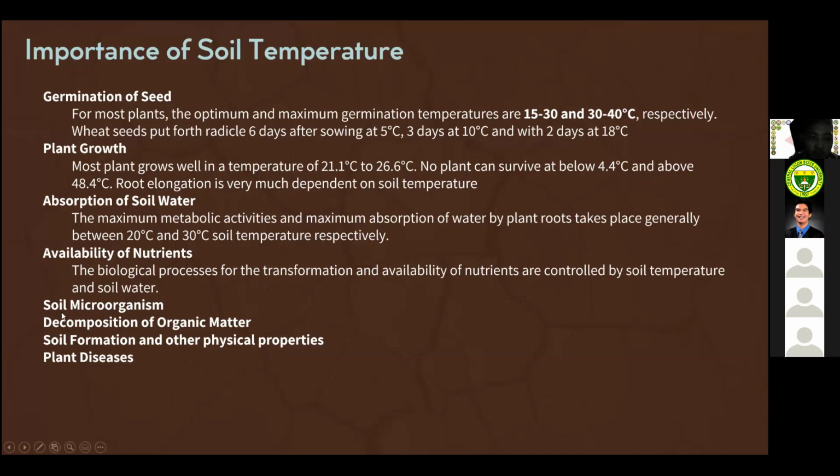'Di ba meron tayong mga thermophilic bacteria or microorganisms na kailangan yung compost natin, 'di ba, mainit, kino-cover natin para mas mapabilis yung decomposition. So soil microorganisms are also affected, as well as decomposition of organic matter. Soil formation and other physical properties are also affected, and plant diseases.